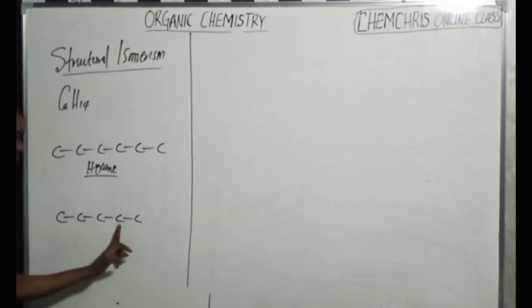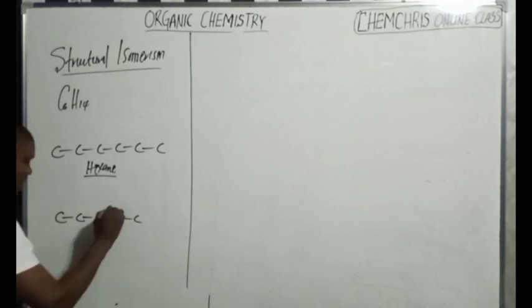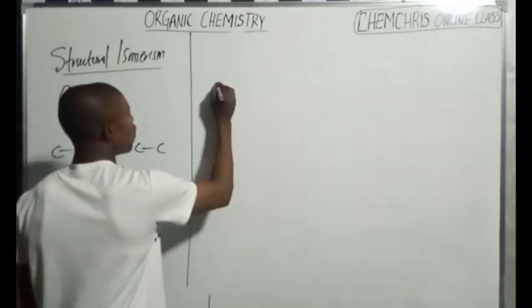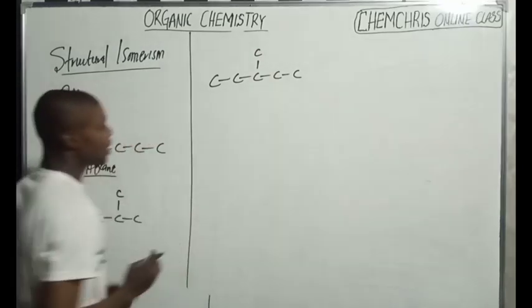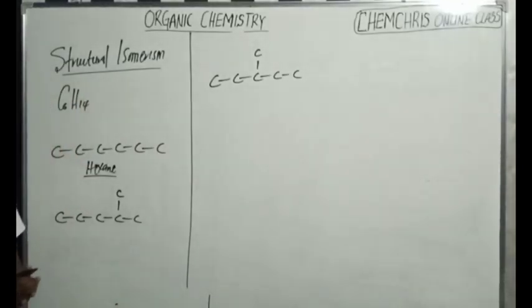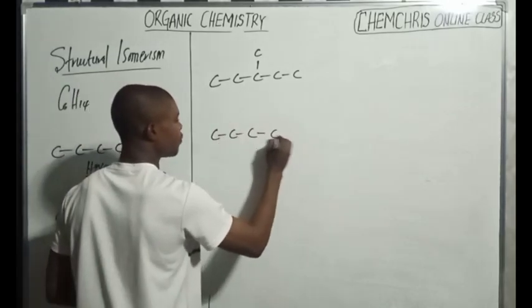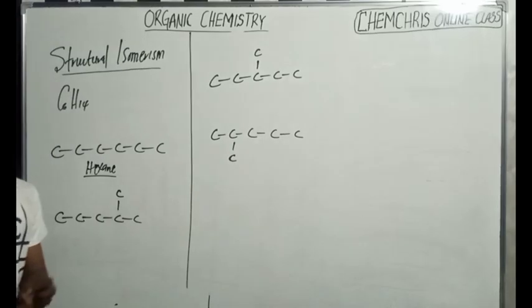I can either place it here, or place it here. So let's place it at this point, then draw that one. 1, 2, 3, 4, 5, right? Now let's place it here, and on that one you should draw 1, 2, 3, 4, 5. Now let's try to name the compounds.